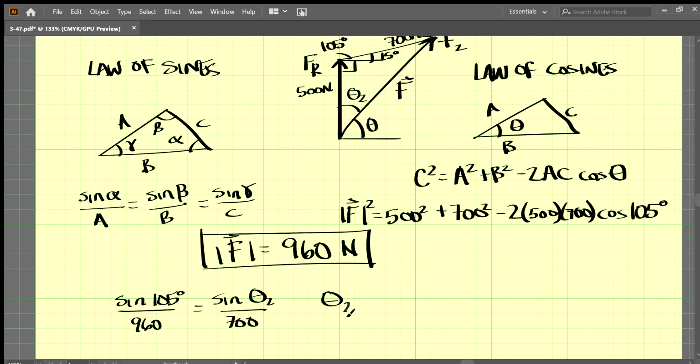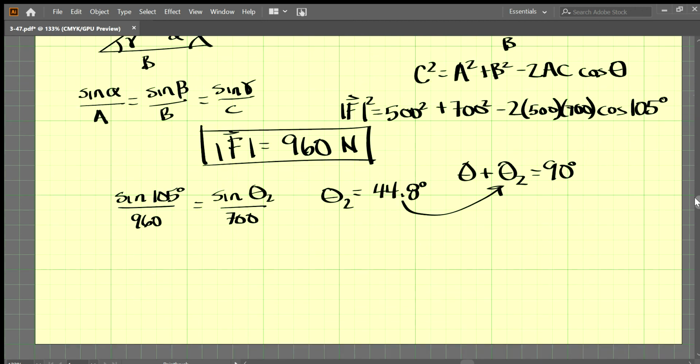We come out where theta 2 is equal to 44.8 degrees, right? That's not exactly what we want because we're looking for theta here, not theta 2, but we know theta plus theta 2 is equal to 90 degrees. So we can sub in theta 2 here, and we can figure out theta. So then theta comes out to be 45.2 degrees. So there are our answers for this problem, and that's it.